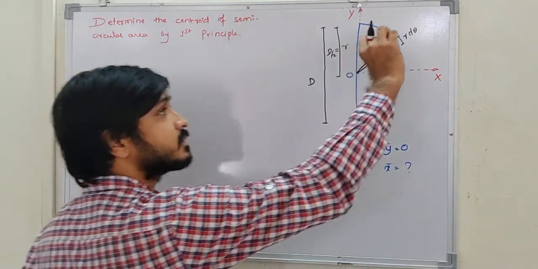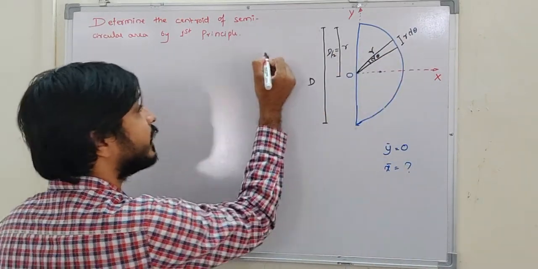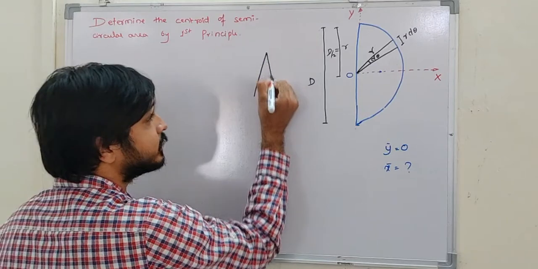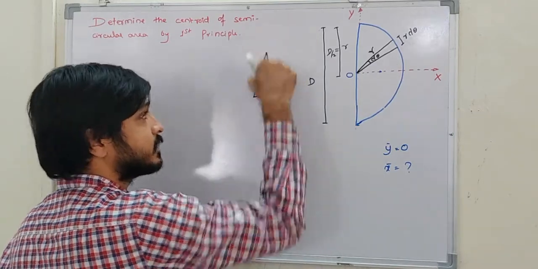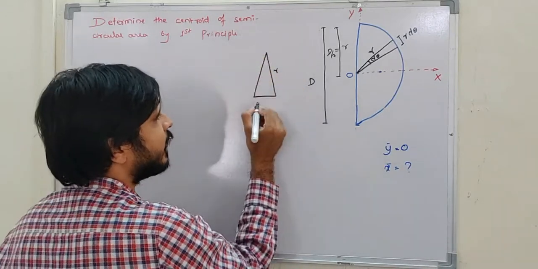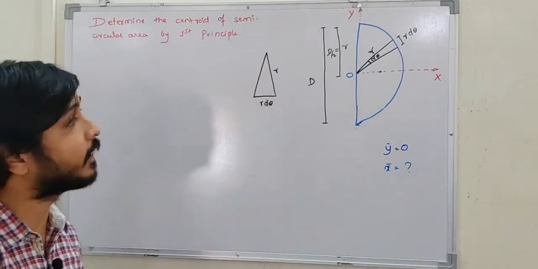As this size is very, very small, it looks like a triangle. I can take it as one small triangle whose side is R and whose bottom is R d theta, correct?